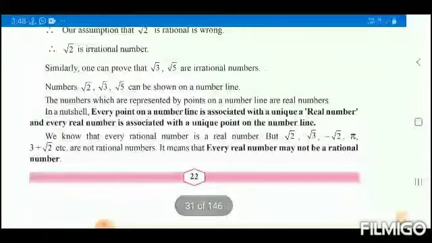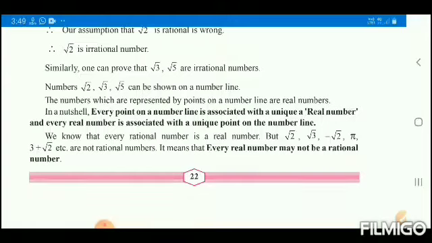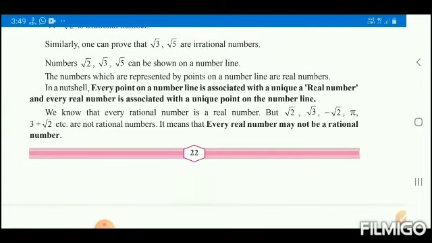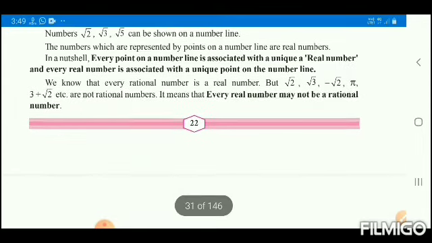The numbers which are expressed by points on a number line are real numbers. In a nutshell, every point on a number line is associated with a unique real number, and every real number is associated with a unique point on the number line.